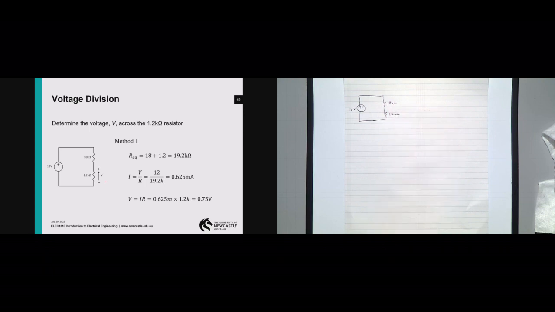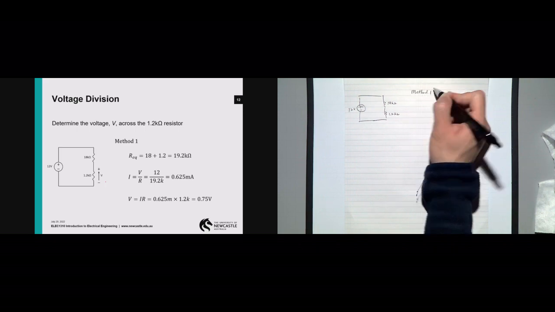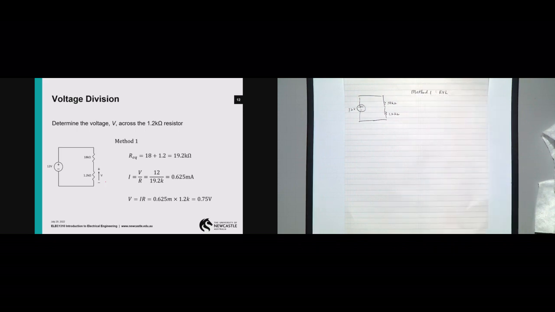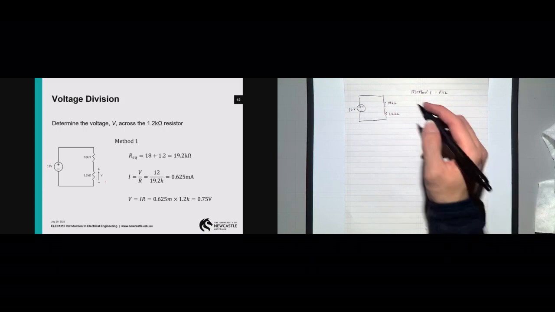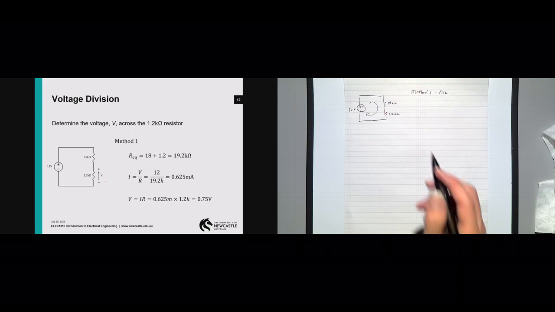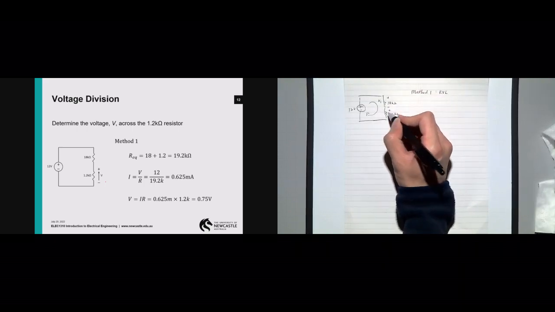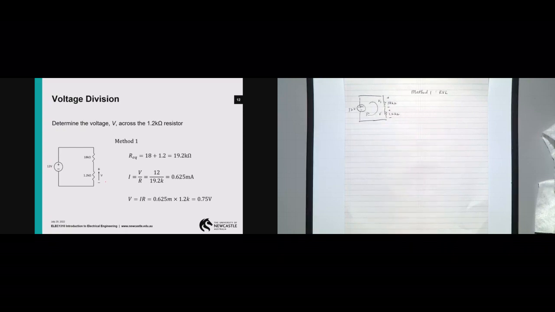Okay? So method one is actually the KVL way. Method 1 is KVL. What we can do, apply KVL across the loop, right? So I label this V1, I'll label this V. So today I want to see what V is.